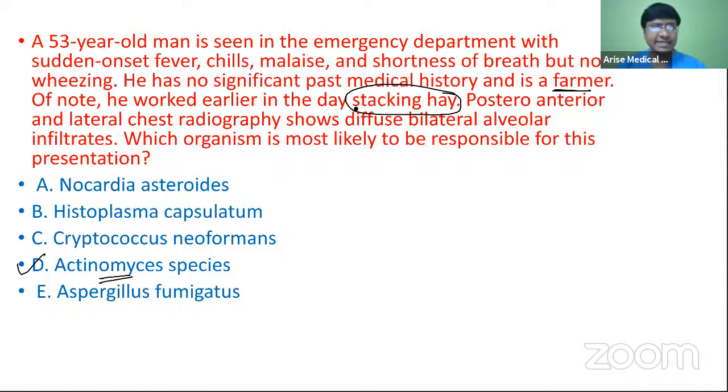He worked earlier in the day stacking hay, that means previously he had exposure to the hay. And after that, he has developed fever, chills, malaise, shortness of breath, but no wheezing. So the organism responsible for this presentation is Actinomyces species.